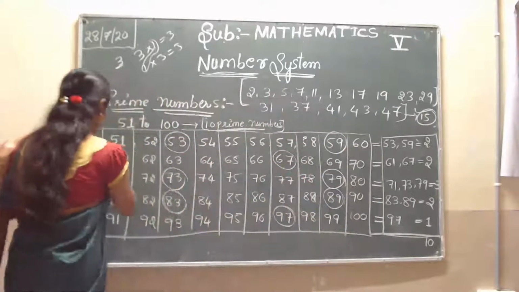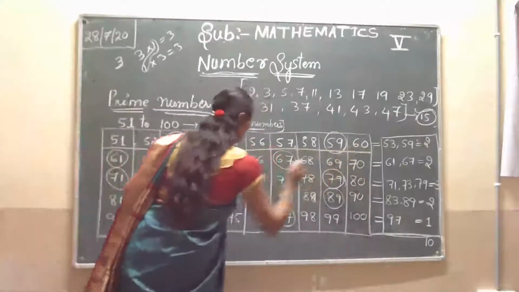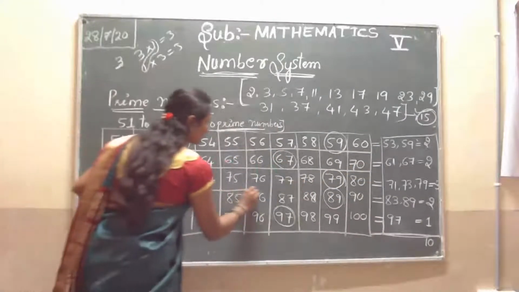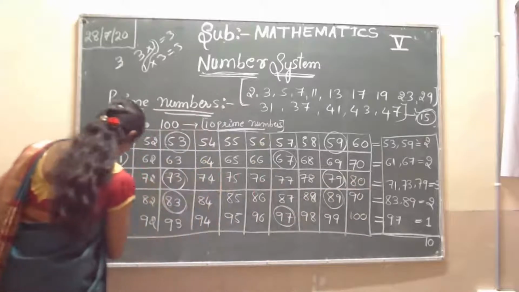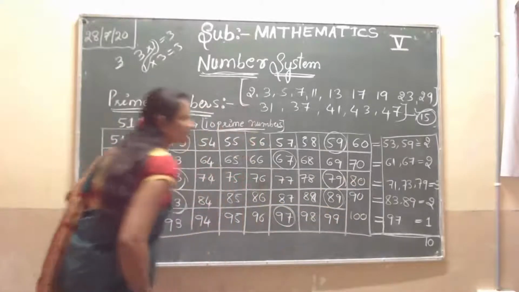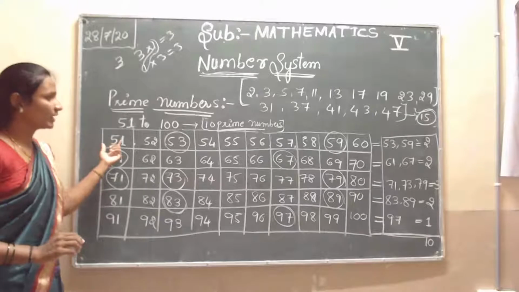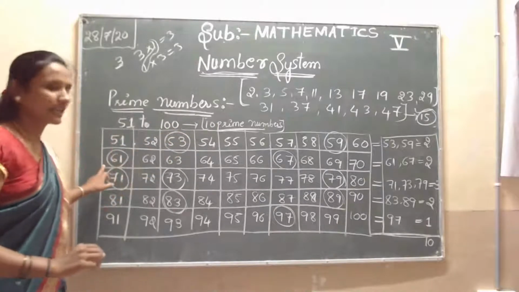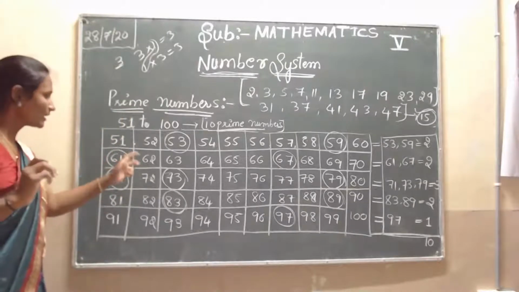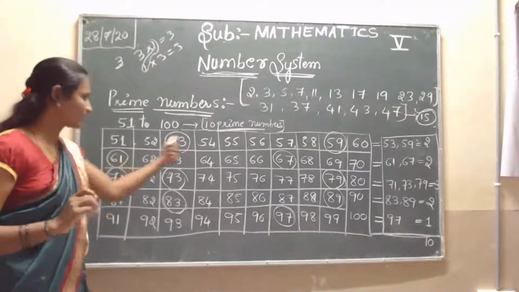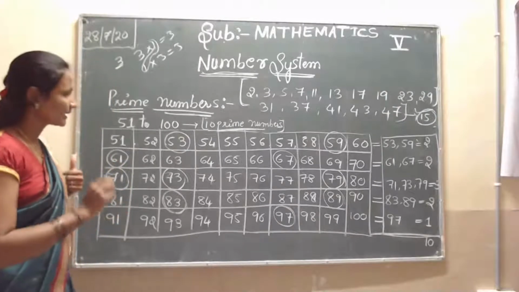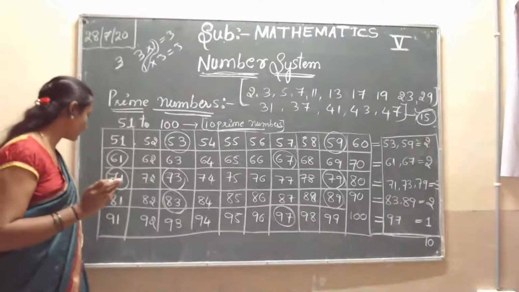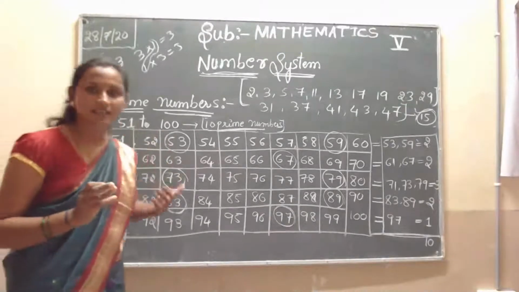Yes, students, the total means 51 to 100. Between 51 and 60 there are 2 prime numbers, 53 and 59. Next, 61 to 70: 2 prime numbers, 61 and 67. Between 71 and 80 the total is 3 prime numbers, 71, 73 and 79.